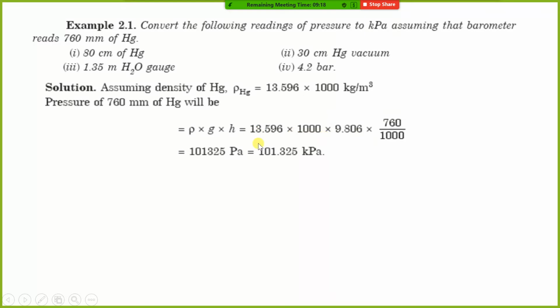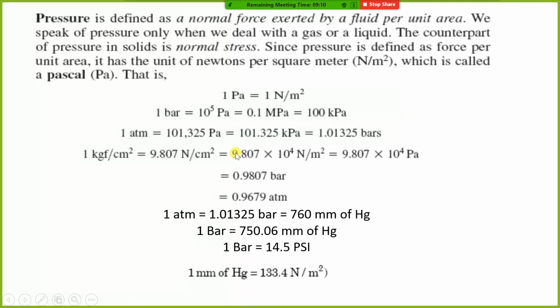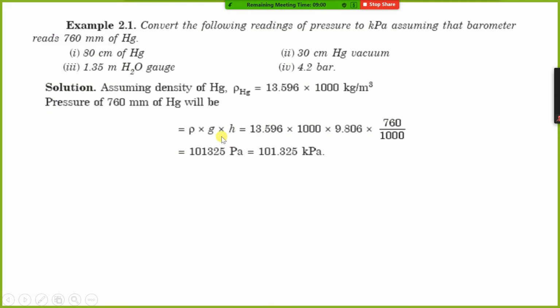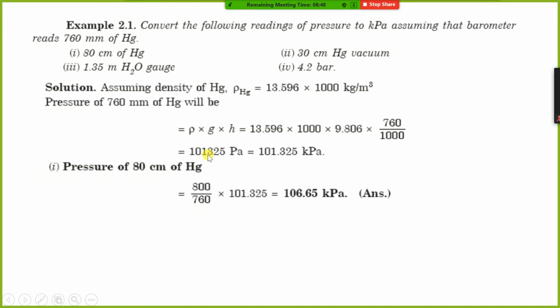Then calculate it, it will be 101,325 Pascal or 1.01325 bar. Look here: 1.01325 bar is equal to 101325 Pascal. Now convert 101325 Pascal into kilopascal. It will be 101.325 kilopascal, because we have to shift the decimal three places left.